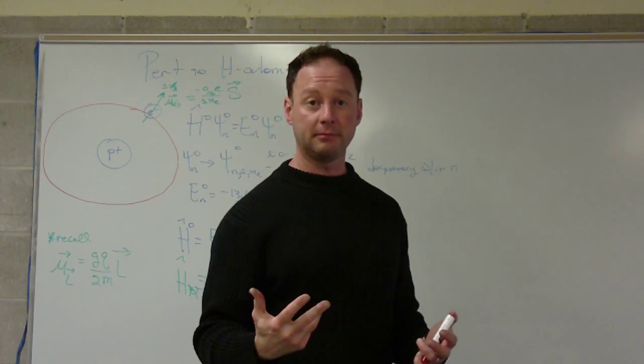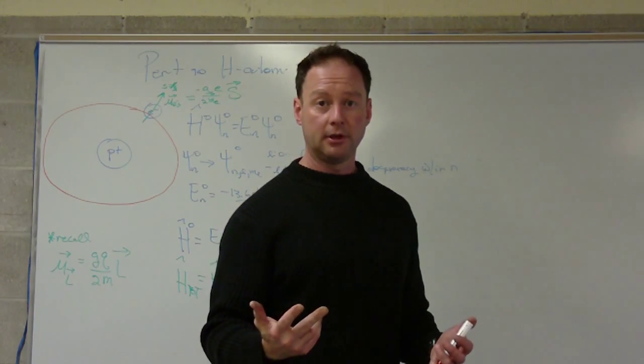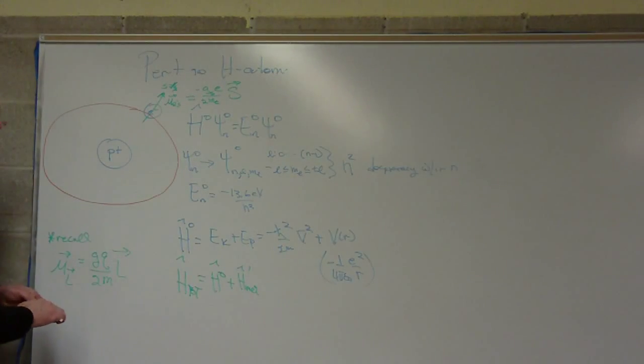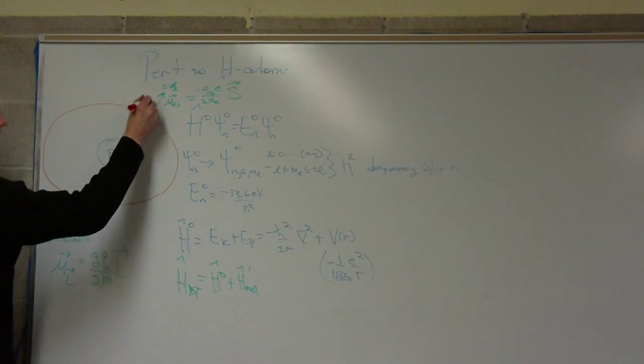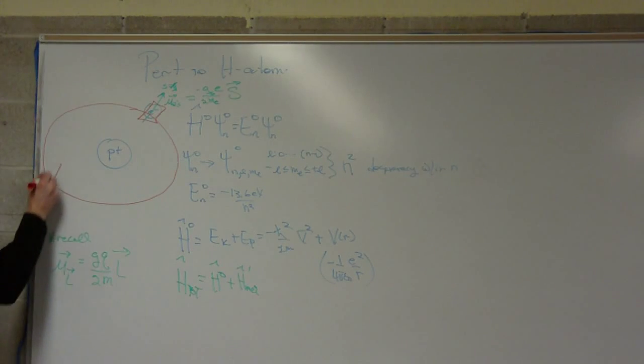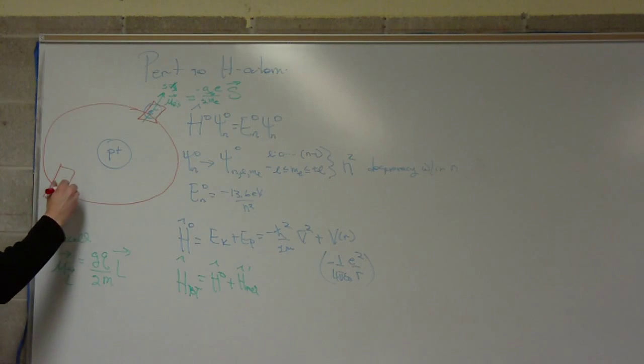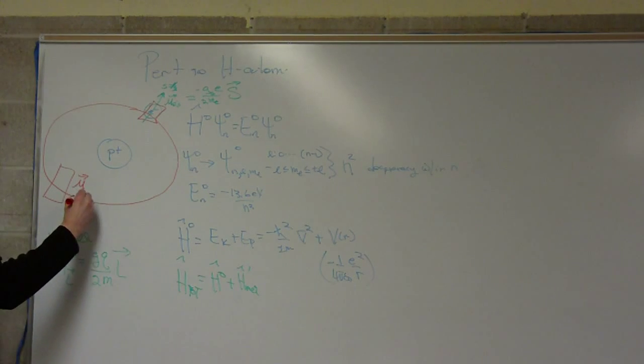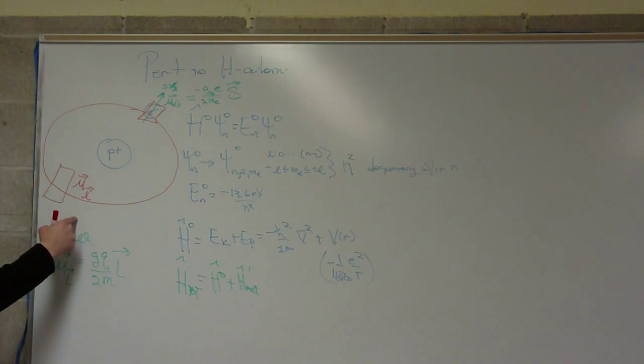It's going to be a magnet because of its orbit too. So what else do I have to include here? Another little tiny magnet, which I'll call mu, a magnetic dipole. It's going to be described by the angular momentum L of the electron.